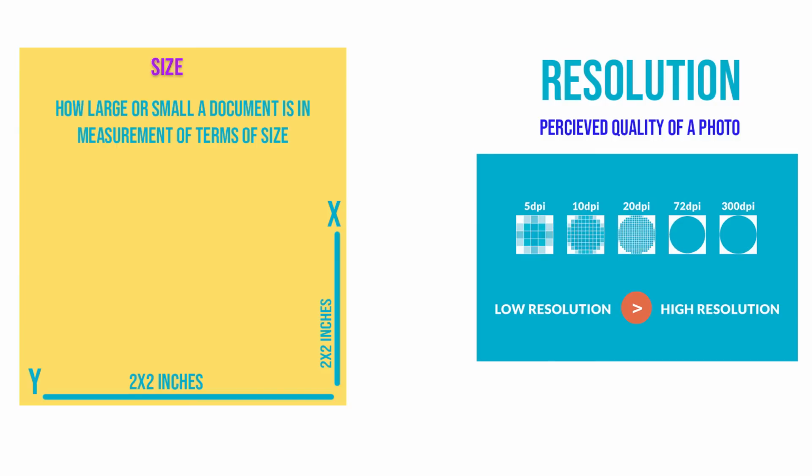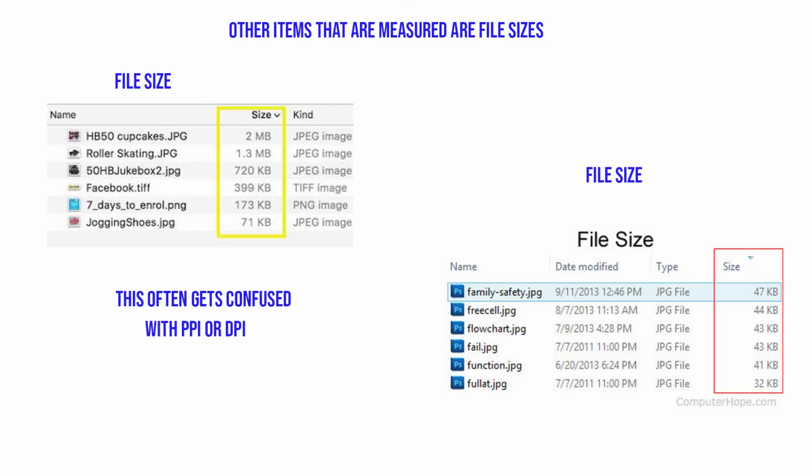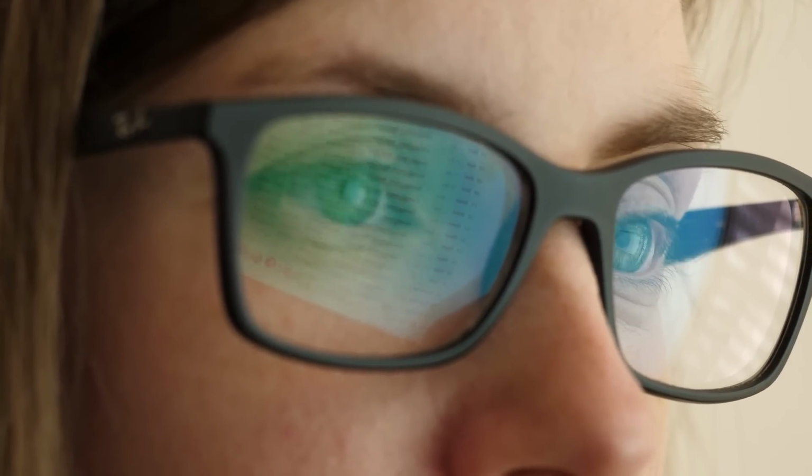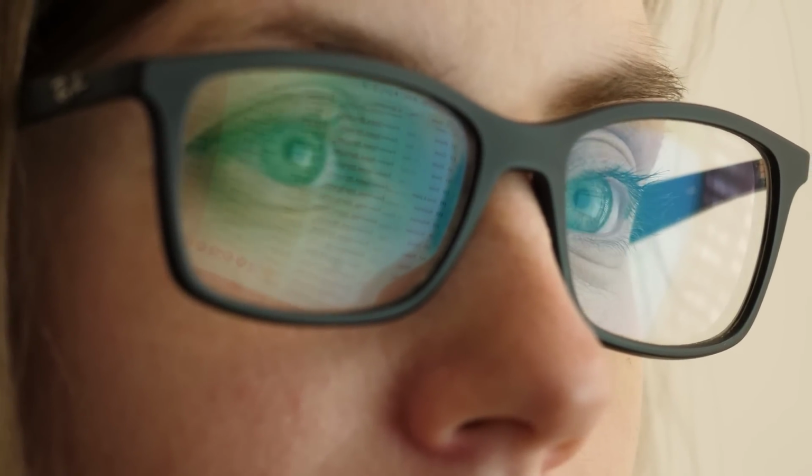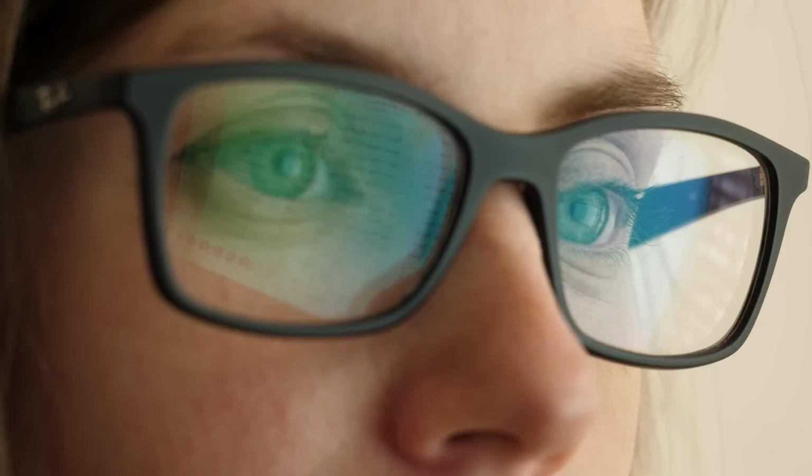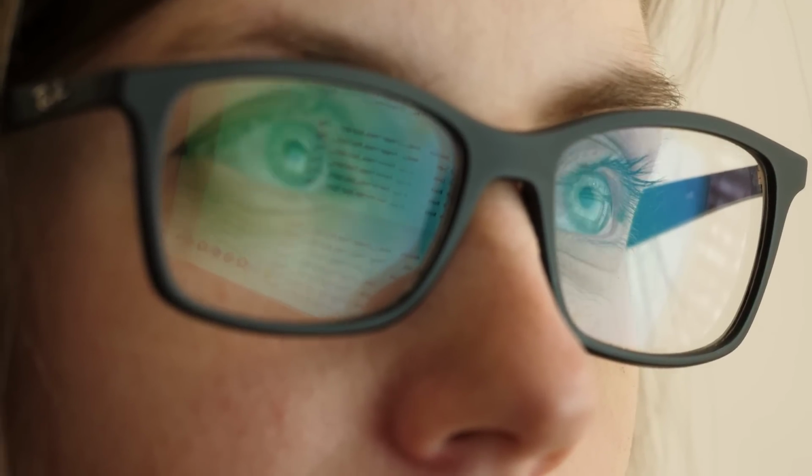Now, keep in mind that image size refers to the dimensions of an image, the height and the length. File size is about how much space an image takes up on your computer, such as megabytes, gigabytes, terabytes. Okay?